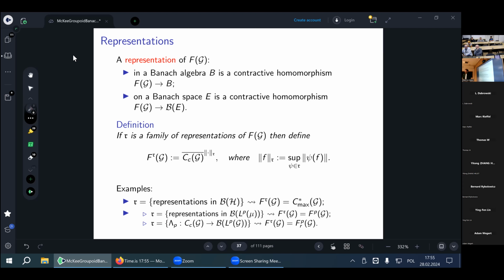Yeah, but the family could be quite big. Yeah, sure. So it's a semi-norm in general, or taking value equal to infinity. I guess we just avoid this problem. So it's not a norm yet. Okay, yeah.